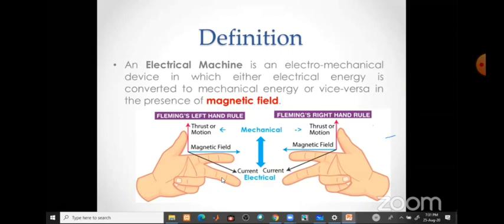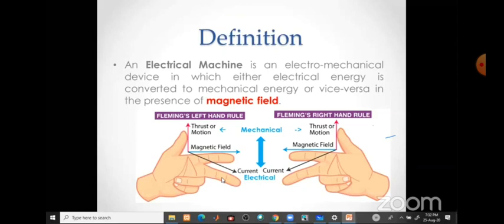Okay, so here I have defined the electrical machine. An electrical machine is an electromechanical device in which either electrical energy is converted to mechanical energy or mechanical energy is converted to electrical energy. But the most important thing is magnetic field, which is written in red letters.